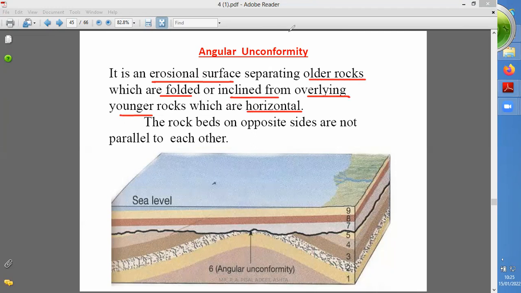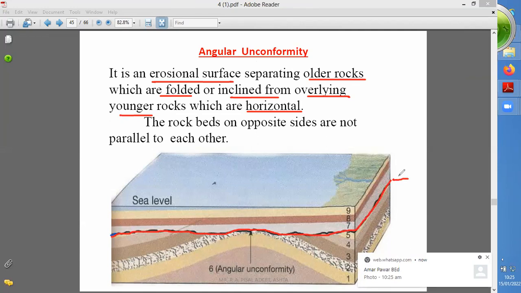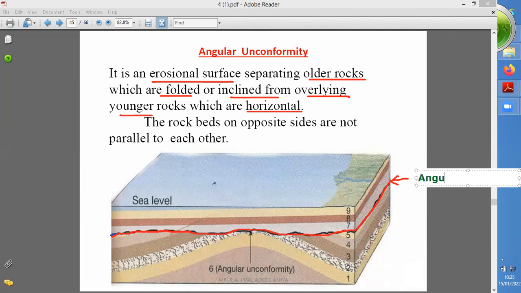Now, first I will show you the erosional surface, so here this black line which is indicated here, I will convert it into red color line. So here this red color line is considered as a angular unconformity.